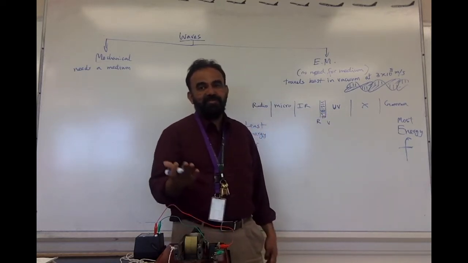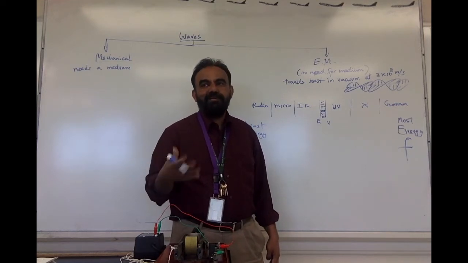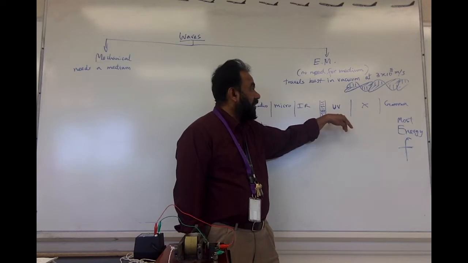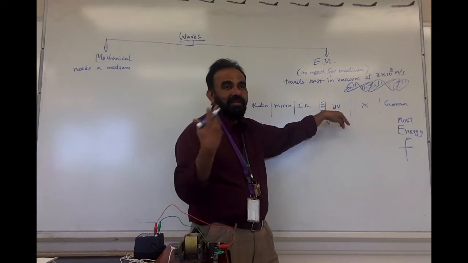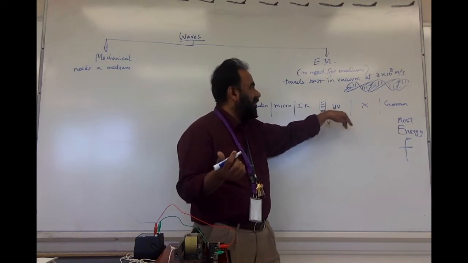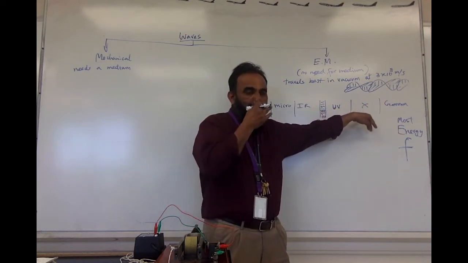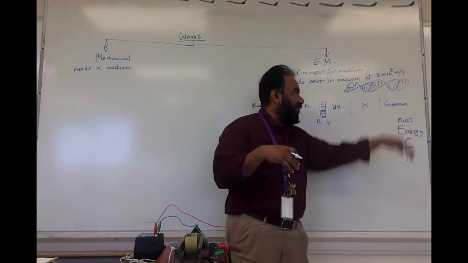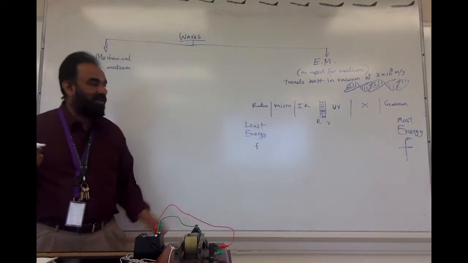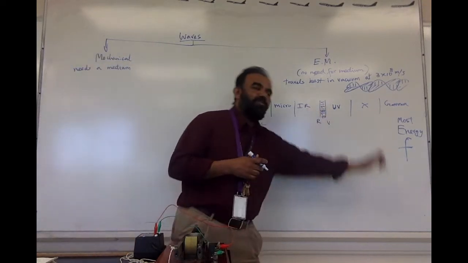Medically, they are using it for that purpose. Well, it can kill cells as well, our body cells. That's what is used in tanning beds. Okay. X-rays has its own use. Gamma rays, chemotherapy, cancer treatments, burning cancer cells out, and all that stuff. So this is the whole electromagnetic spectrum.